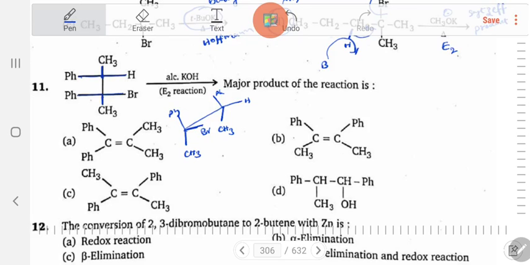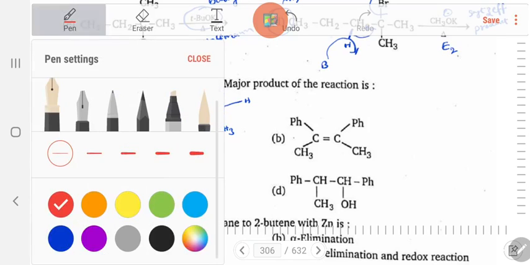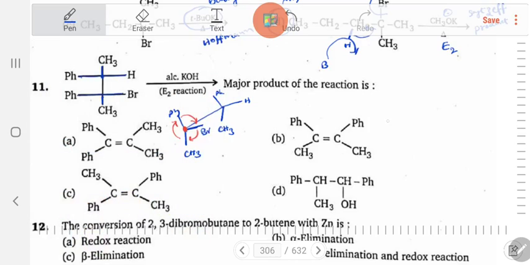To make them anti to each other, first I will rotate this one by an angle of 120 degrees.